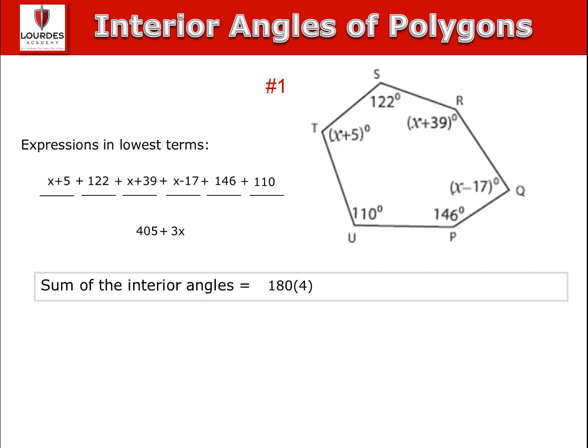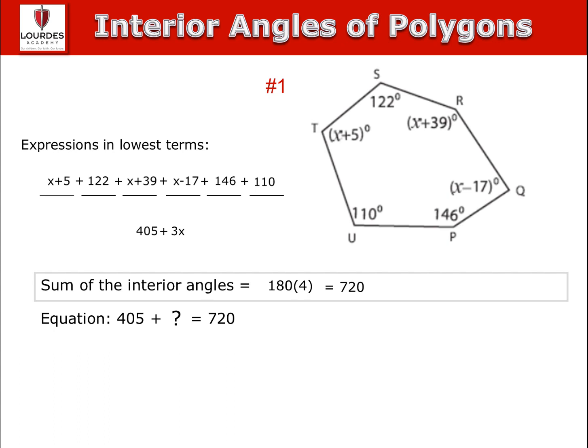There are 6 sides in this shape, so I'm going to multiply 180 by 4. So the sum needs to equal 720. So my equation is 405 plus 3x equals 720. And we discussed in class, how would you figure out what that value is for 3x, just given the 405 and 720?